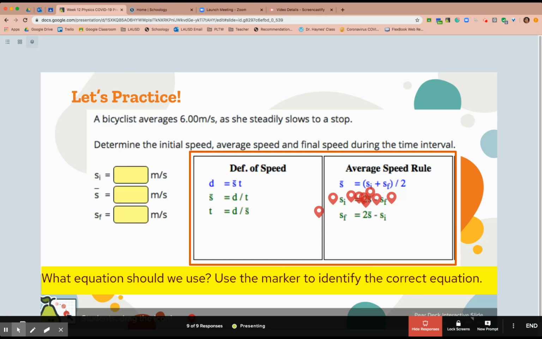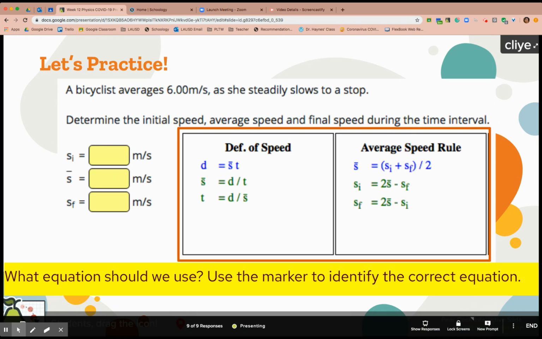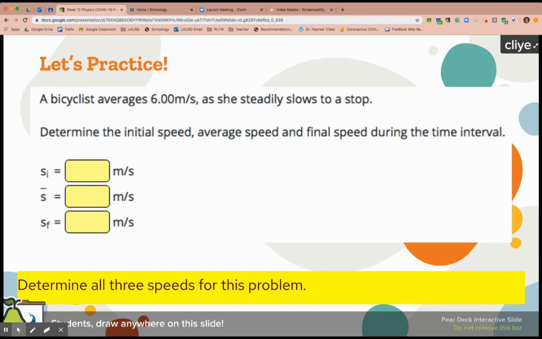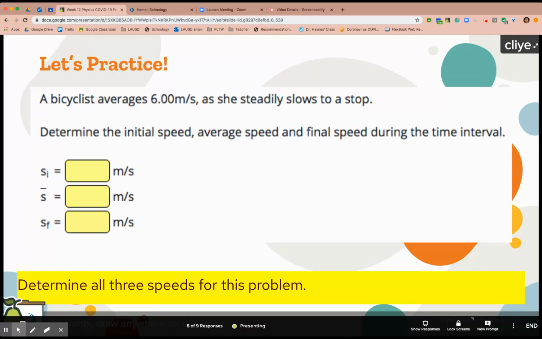Remember, S sub I equals 2 times the average speed, and then you subtract the final speed. So you're going to multiply your average speed by 2 and then subtract the final speed. Right, I'll go back. So you multiply your average speed by 2 and then subtract the final speed.